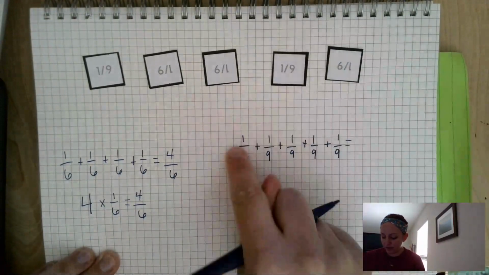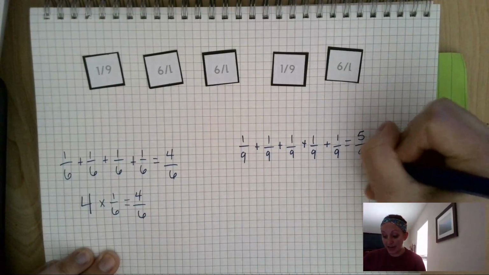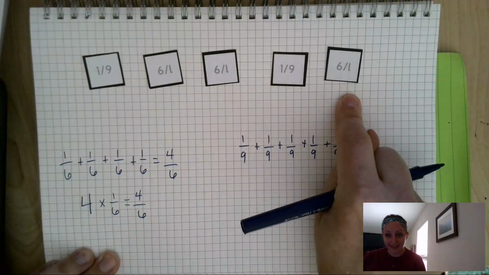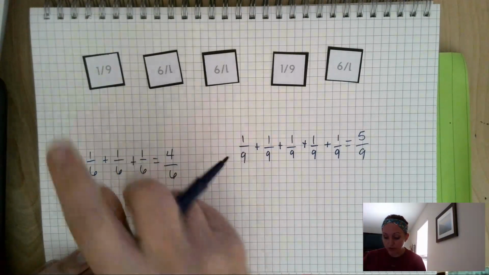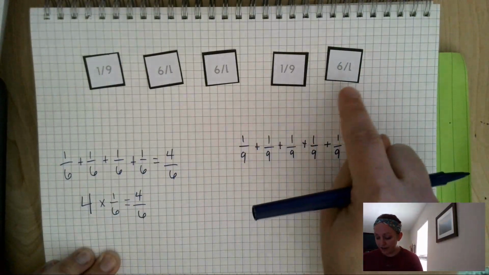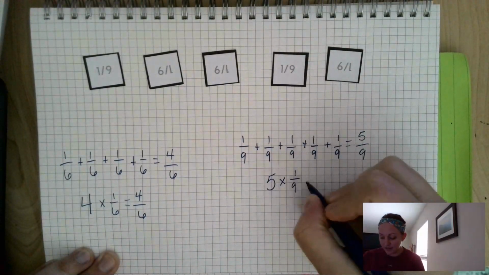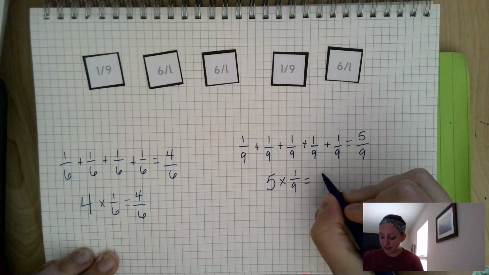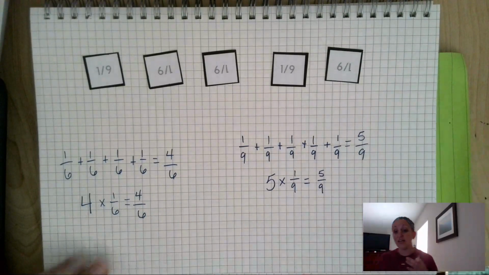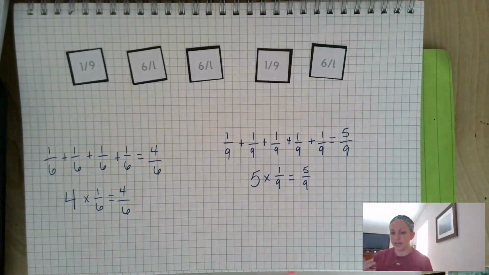Well, 1 plus 1 plus 1 plus 1 plus 1 equals 5/9. I have 5/9. Well, how many of these do I have? 1, 2, 3, 4, 5. And so that equals 5/9. My repeated addition and my multiplication are related to each other.